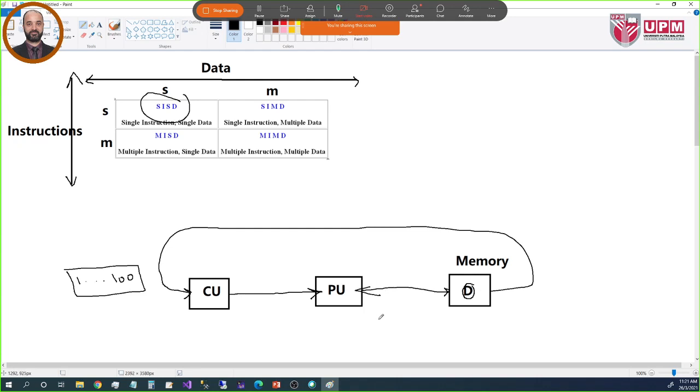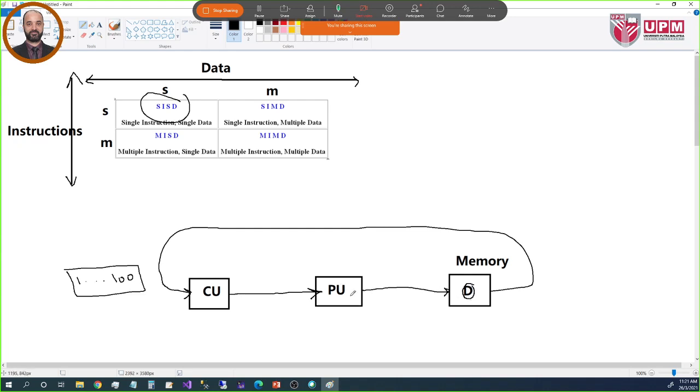Maybe we can do it like that, or it depends on what you want to explain. The processing unit is going to execute that instruction using certain data, which is also single data at a time.